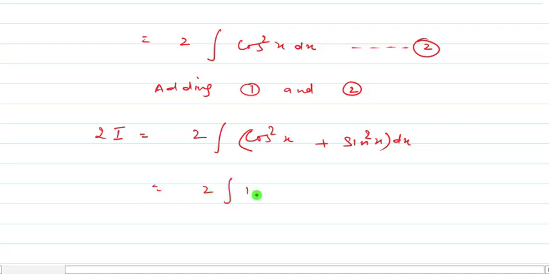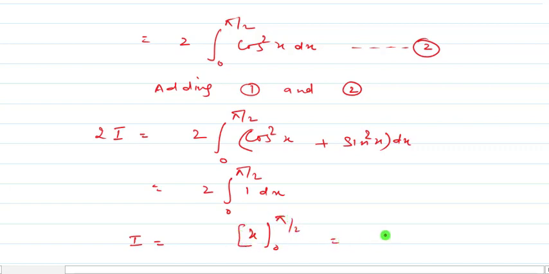So we are simply getting 1 dx, and limit is from 0 to pi by 2 everywhere. So now calculating integration and applying the limits. So I is equal to, cancelling 2 from both sides, we are getting x, limit from 0 to pi by 2. So the answer that we are getting is pi by 2 for the given problem.